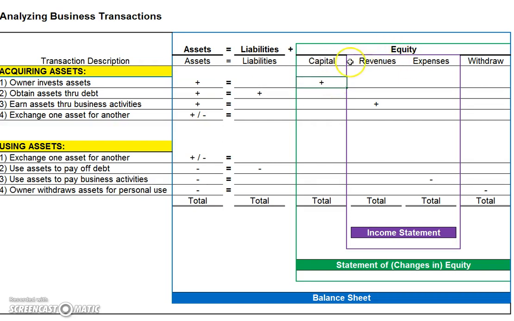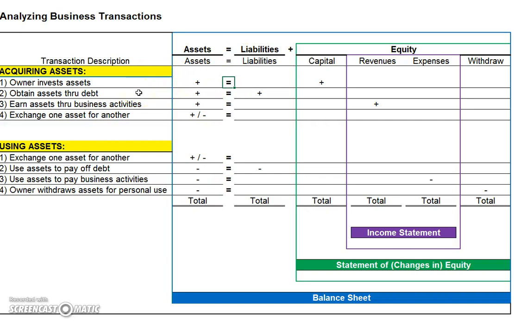But because various things affect equity, we're going to have a column called the owner's capital account. And owner investments or owner contributions add to the owner's capital account. Notice we have added to the assets and we've added to the equity under the capital column, and that will keep our accounting equation in balance. Notice this equal sign here. We always have to keep our accounting equation in balance.